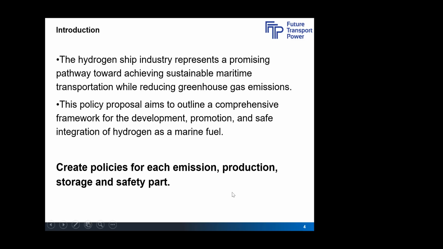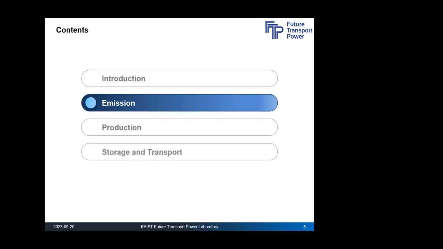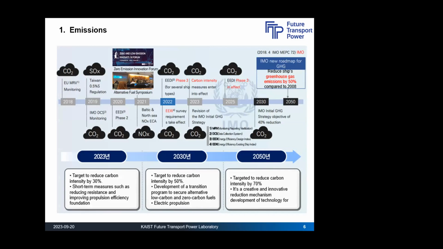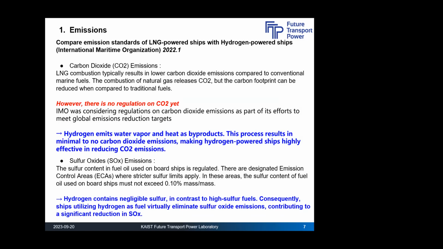So we basically divide it into 3 parts, which are the 3 jobs that we are assigned. The first one is the emission part. This was roughly covered by the previous presentation. The usual emission of LNG, the common gas that we're using right now, has a lot of chemical and lethal emissions.